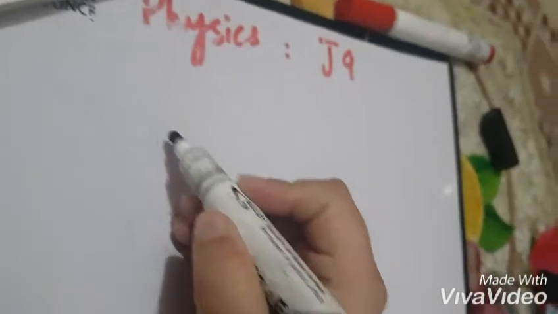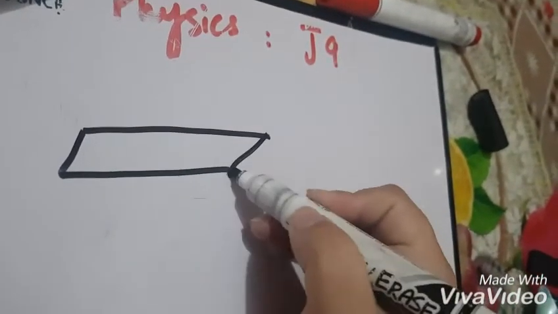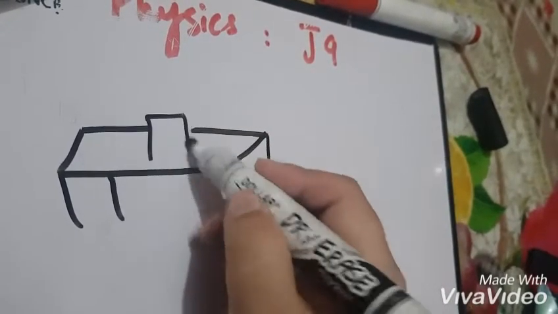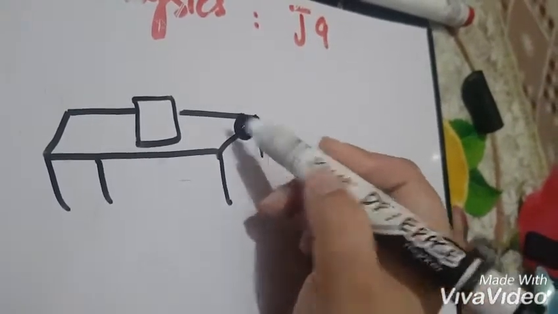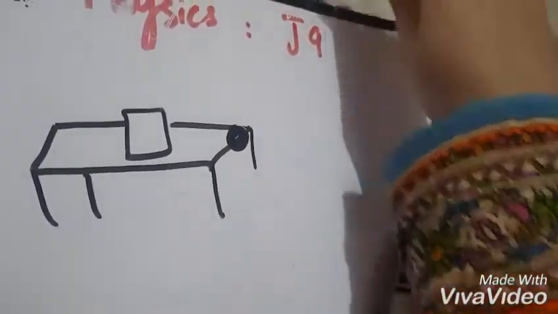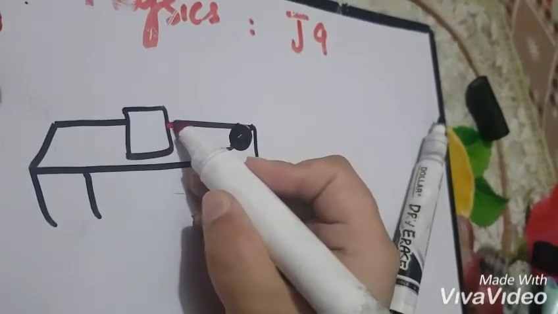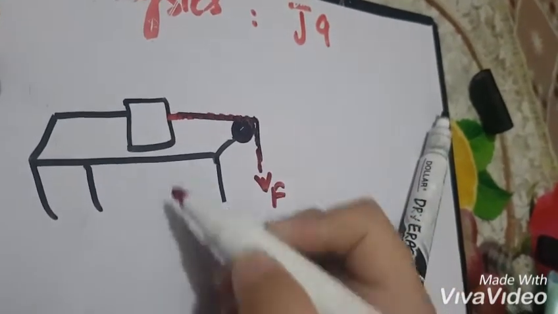if we have two objects, this is a table top, and this block is allowed to slide with the help of a pulley, and this is a thread, and you apply force here.